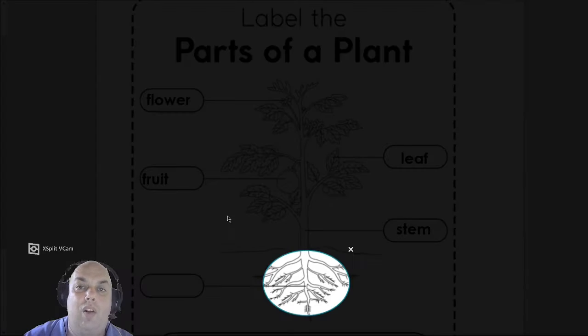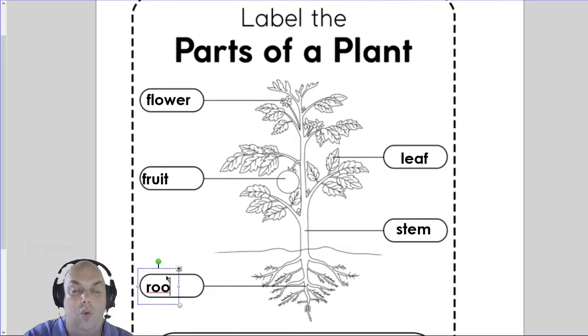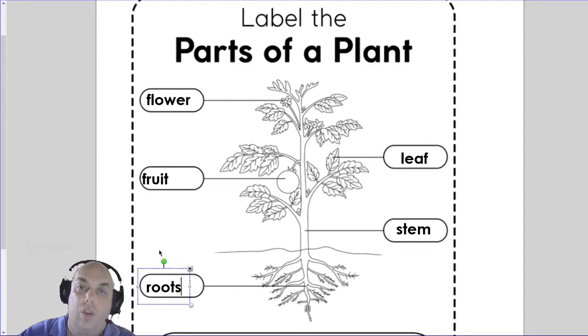Now what part of the plant is this? Yes, these are the roots. Roots. Alright, so let's spell roots. R-O-O-T-S. Roots.